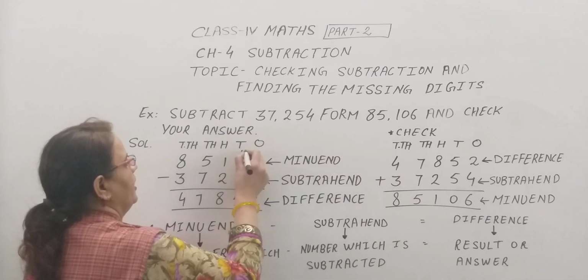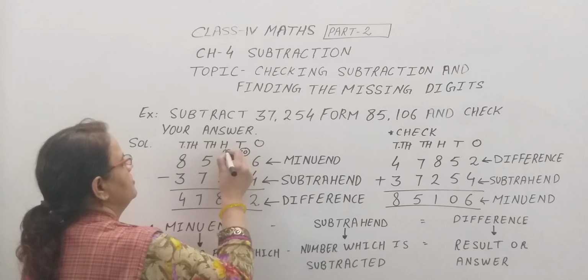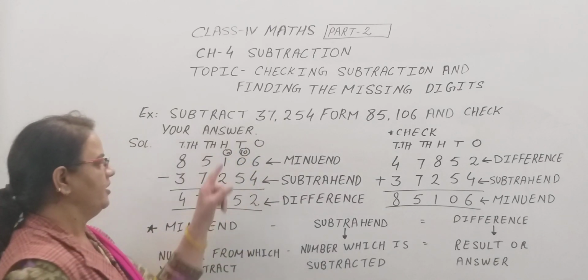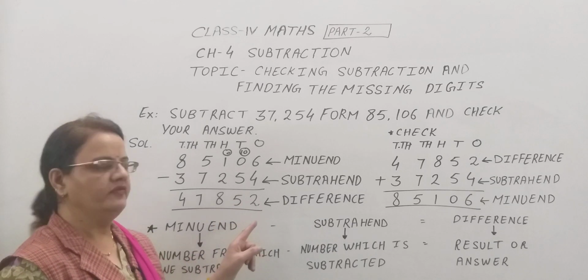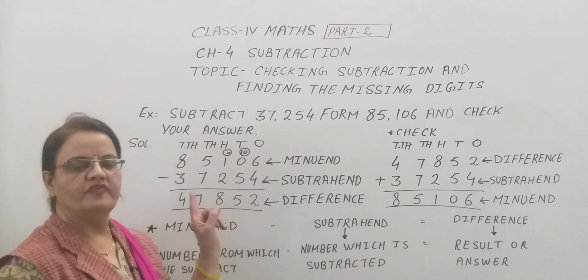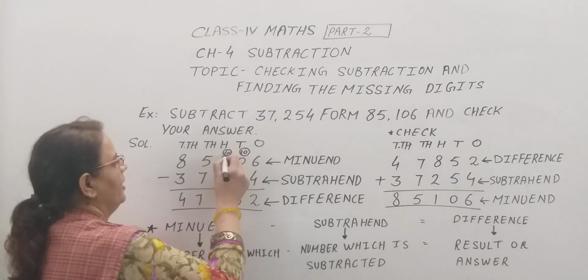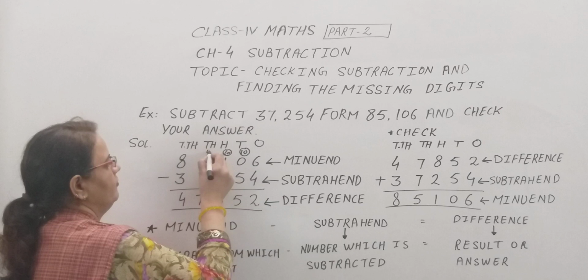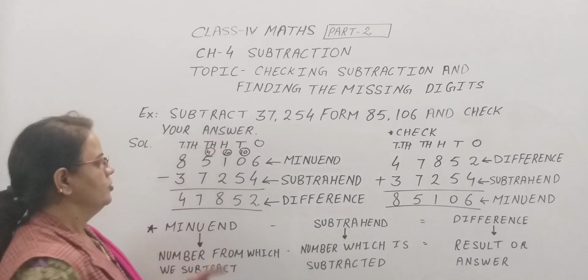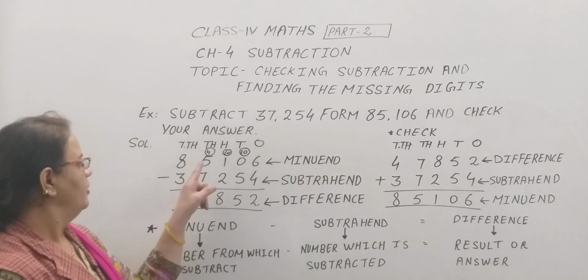So 10 here and 1 minus 1 equal to 0 here. So 10 minus 5 equal to 5. Again 0 minus 2 is not possible, so we borrow 1 again. So here 10 and 5 minus 1 equal to 4. So 10 minus 2 equal to 8.